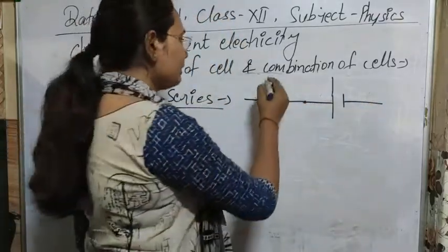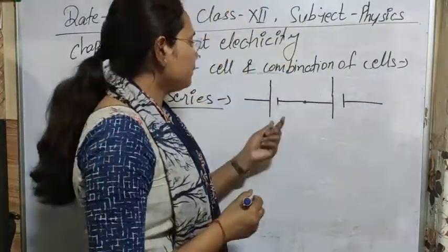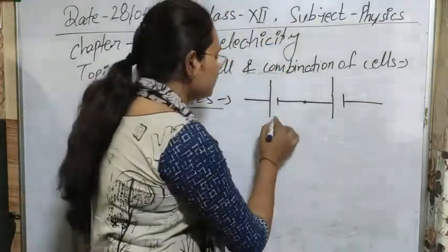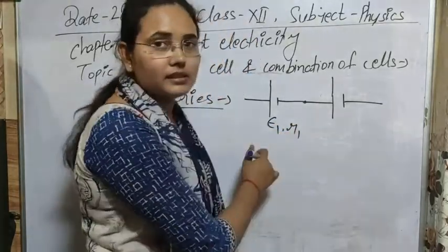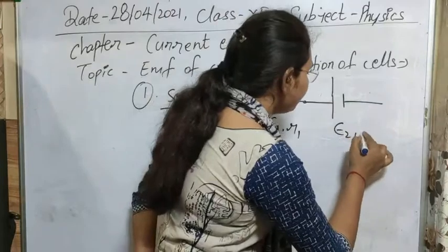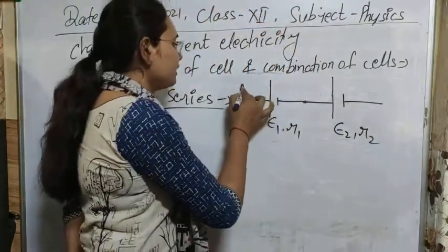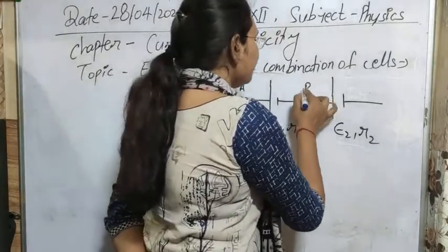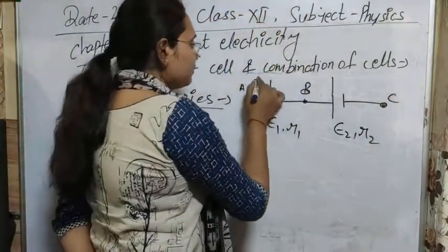So in this case you can see these are two cells. Suppose the first cell has EMF epsilon 1 and internal resistance R1, and this one has EMF epsilon 2 and internal resistance R2. This is point A, this is point B, this is point C, and suppose current I is flowing through them.